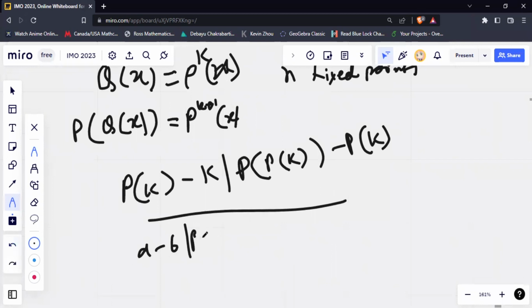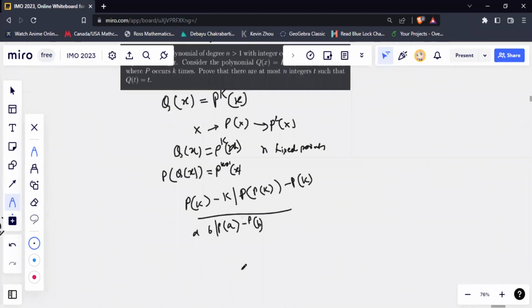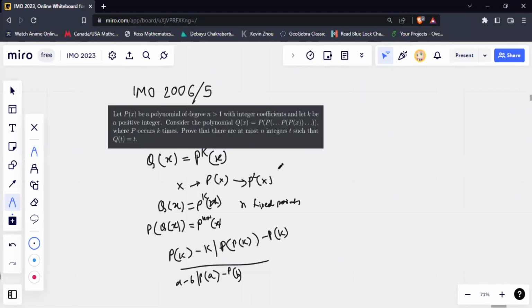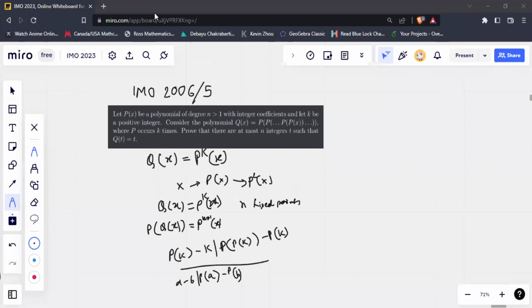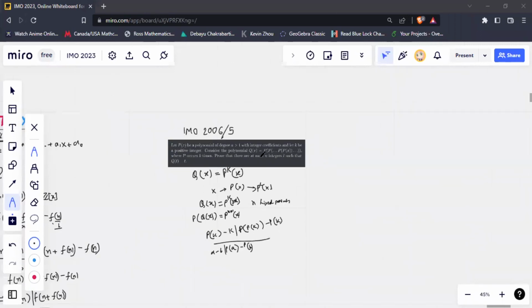Also, this is a P5, so it's not super easy or anything. Okay, I will give you a hint.